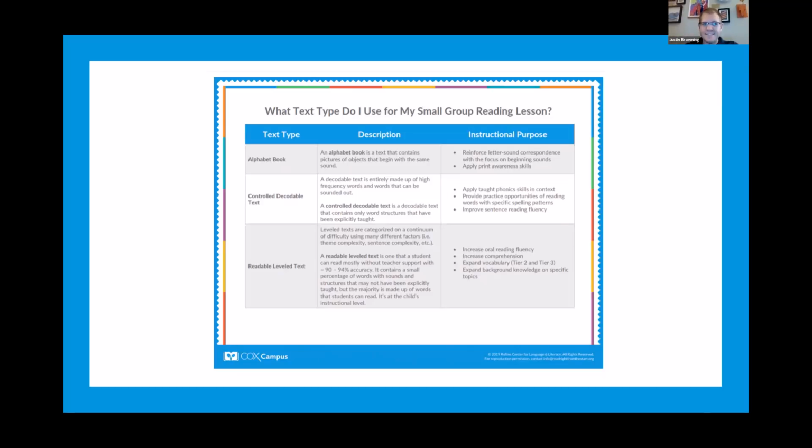So there is still a place for those texts, but we just want to make sure that we're using those as a way to guide students through the process of comprehending, so then they can do it on their own independently, versus it just becoming a ramp to a product-based activity.